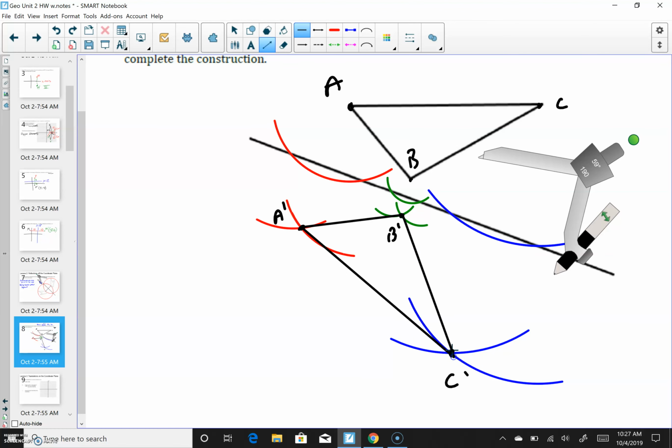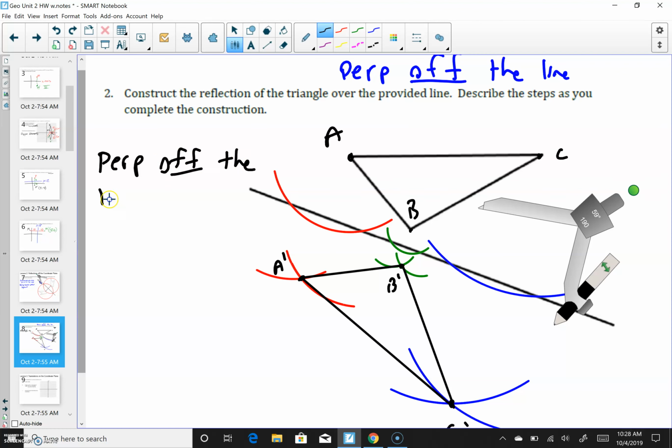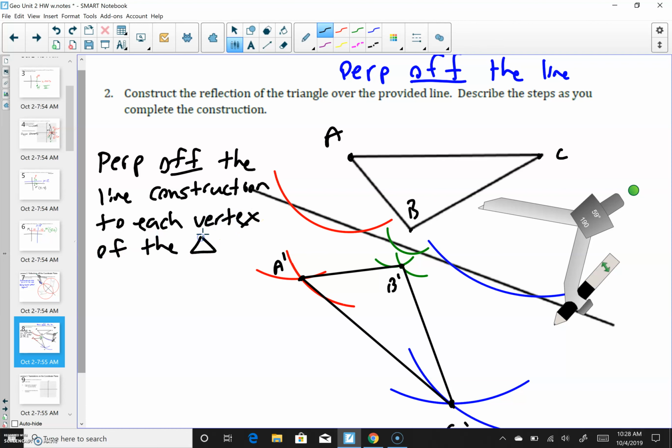So for reflecting a shape, we have to make sure that our image is also going to be that same shape. It wants us to describe the steps again. So very simply, we did the perpendicular bisector construction, perpendicular from a point off the line construction to each vertex of the triangle.